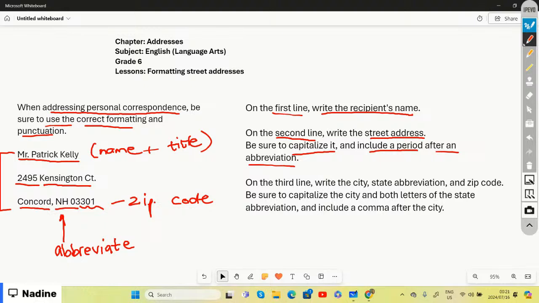So whether you say I live in 2495 Kensington Street, Kensington Road, Kensington Circle, Kensington Corner, the word like street, road, corner, city, it is abbreviated, and we put a period after that abbreviation.